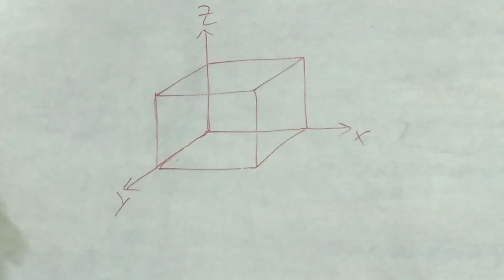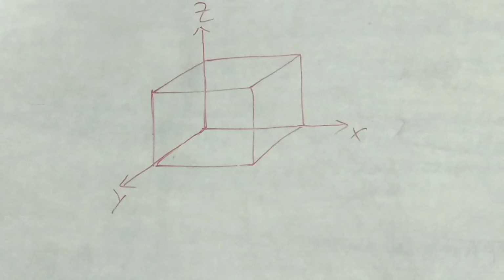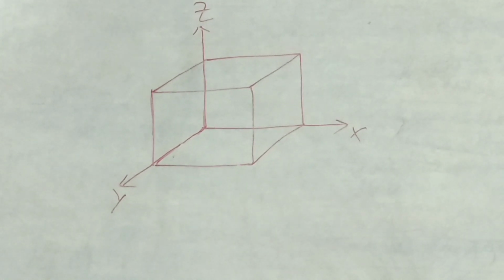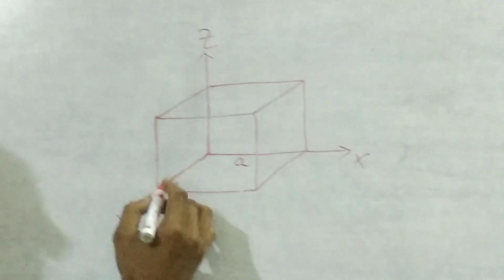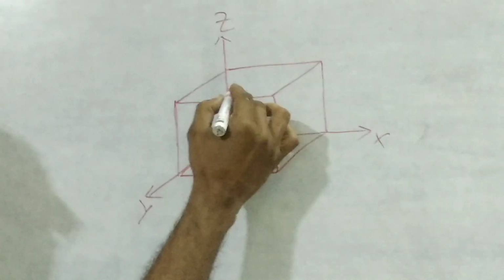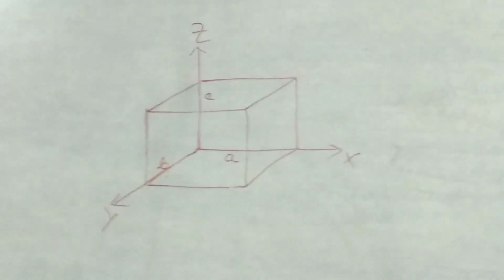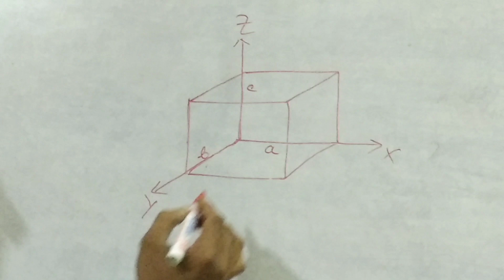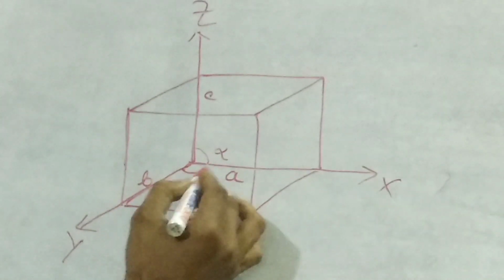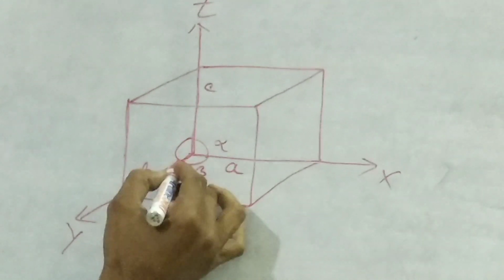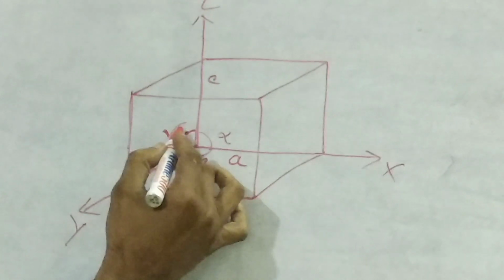So there are six parameters to describe a unit cell. Those are three edge lengths along X, Y and Z axis, A, B, C respectively, and the three interfacial angles alpha, beta and gamma.